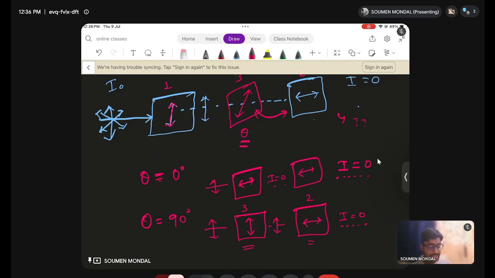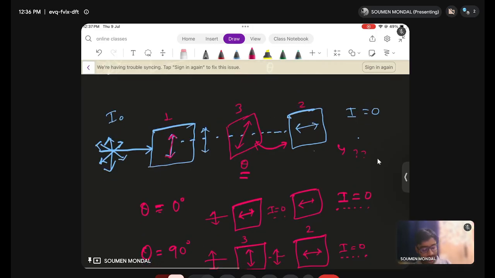So let me now make a relation between I naught and I output, as a function of theta. I have to call it I prime basically, or I final will work also.